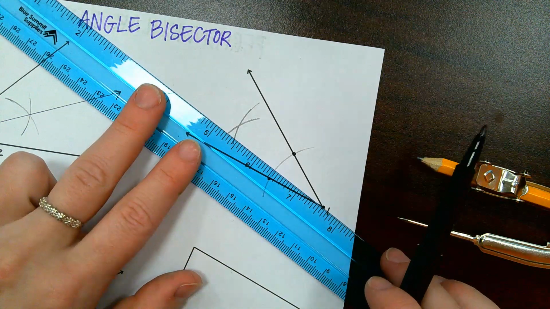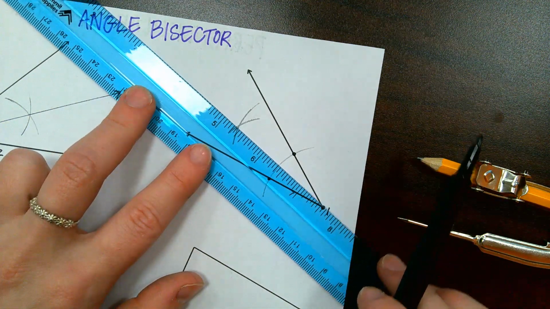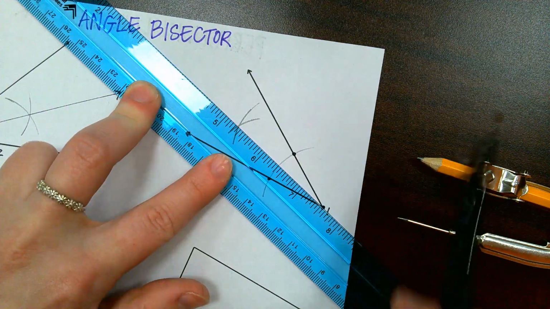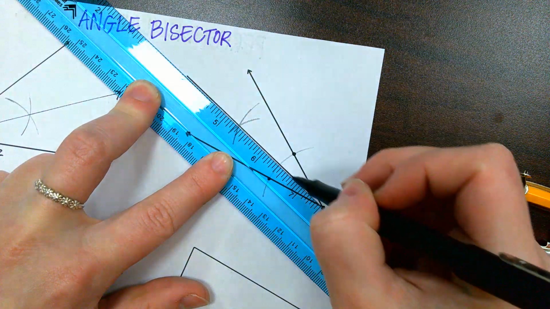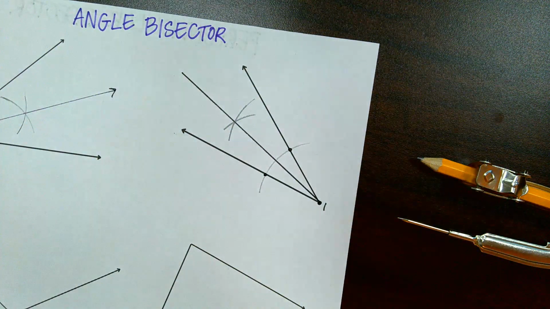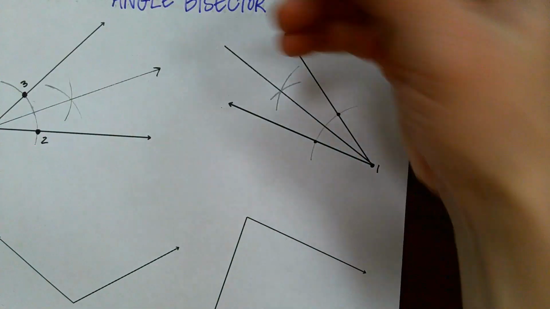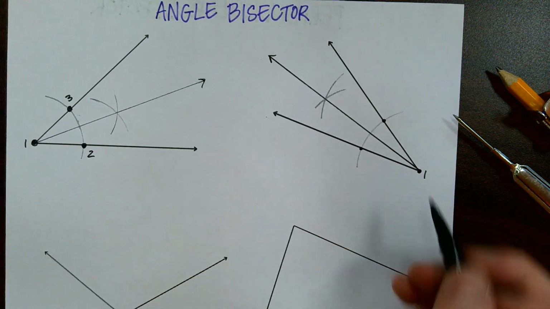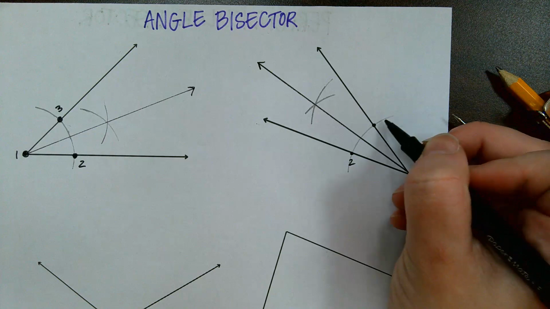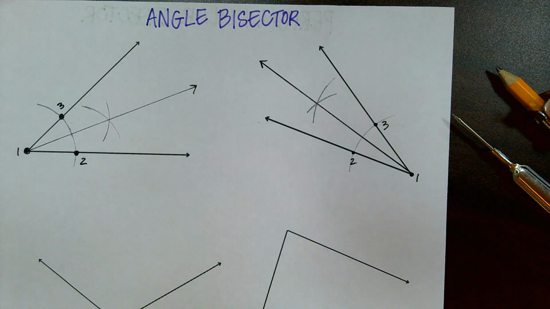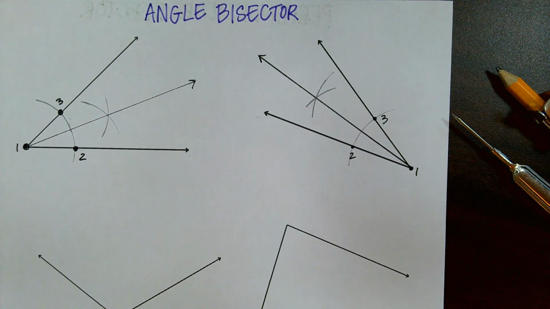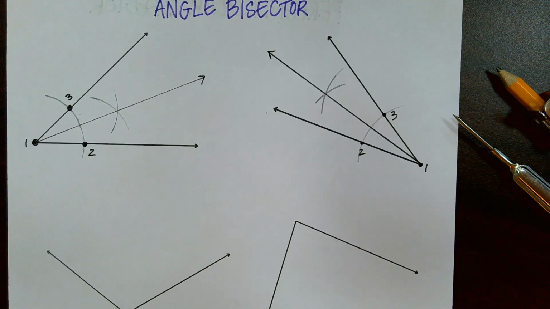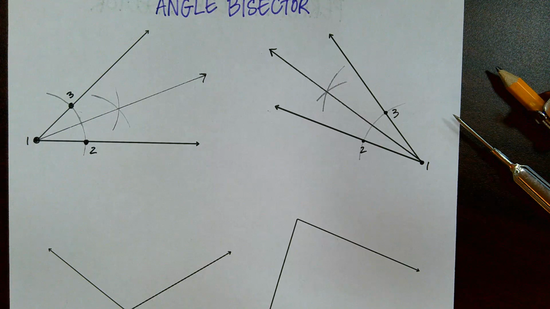So we just take our ruler and trace. And it should split it down the middle just about perfectly. Just like that. Okay.